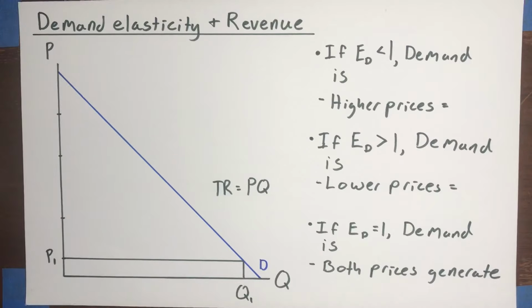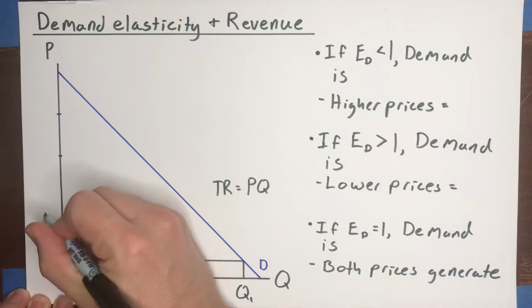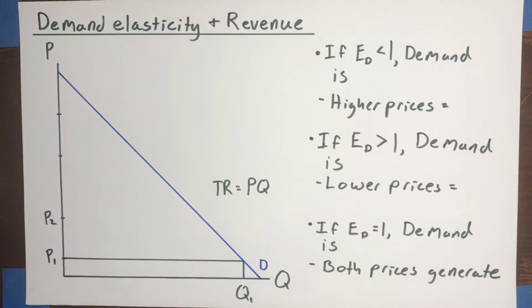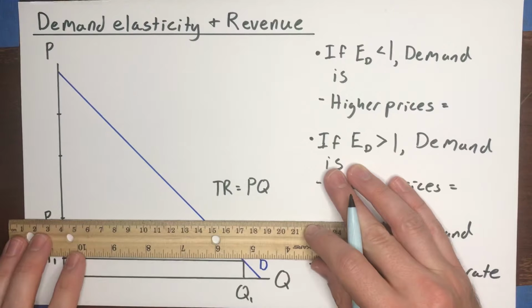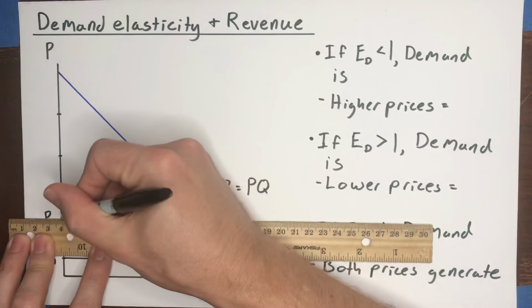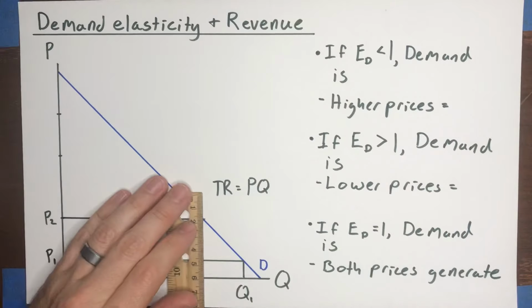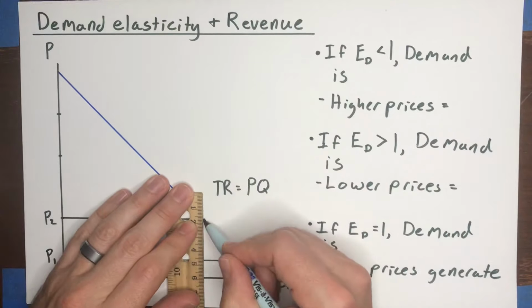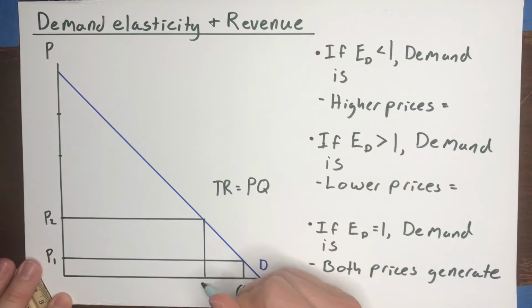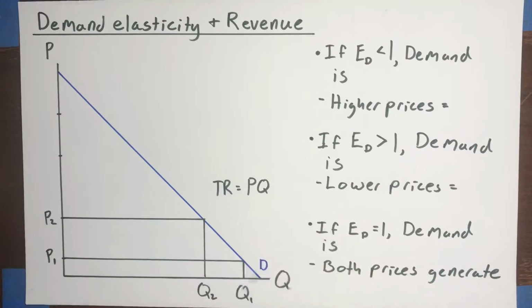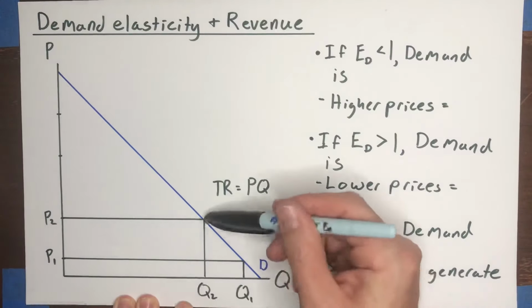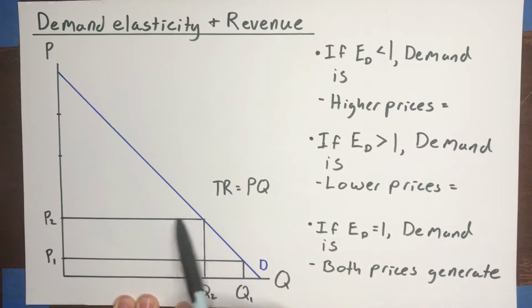All right, now let's suppose that you chose to increase your price from P1 to P2. I can represent that by drawing a line from P2 over to the demand curve. Notice that you are going to sell fewer units. But even though you're selling fewer units, on the units that you're still selling, you get to charge a higher price than you were charging before.